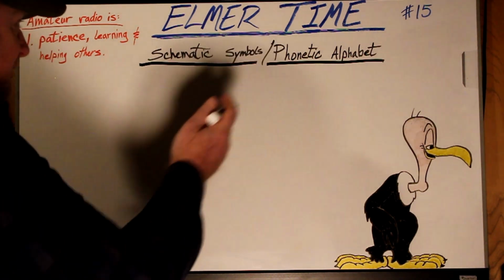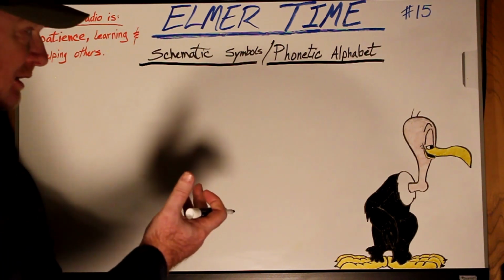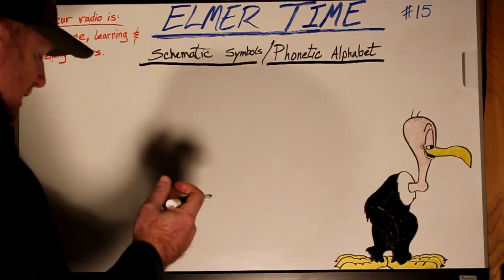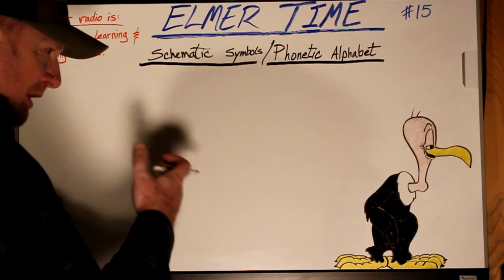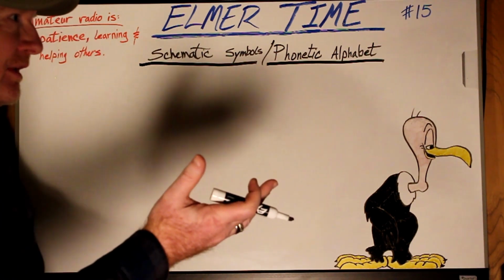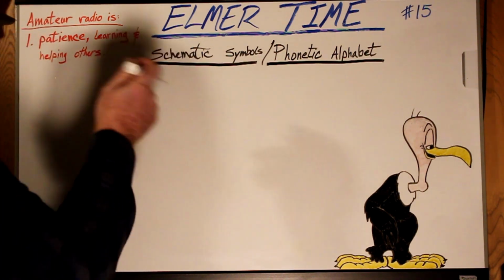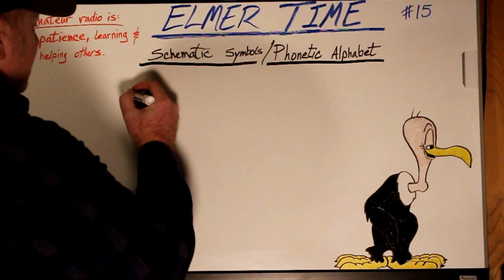So as far as schematic symbols, if you were to look at an electronic schematic, even the simple ones, you're going to see the same thing no matter if it's a super high-tech device or just a simple 5 or 6 component device. But anyway, let's start with a resistor.